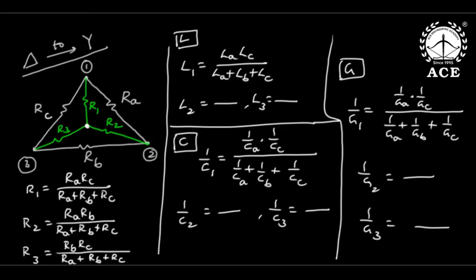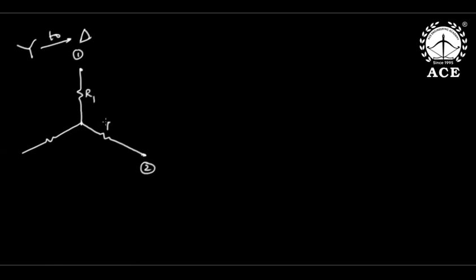Then, further extending, now I am converting star to delta. Let us say there are three resistors in star between three nodes. This is node 1, R1. This is node 2, R2. This is node 3, R3.